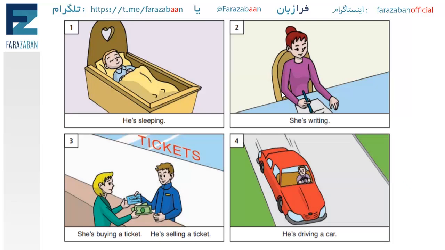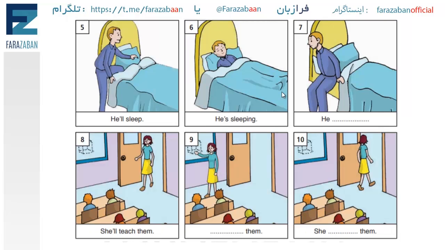He's sleeping. She's writing. She's buying a ticket. He's selling a ticket. He's driving a car. We practiced this too: after the subject we had am, is, are, plus the verb and ing. He'll sleep.